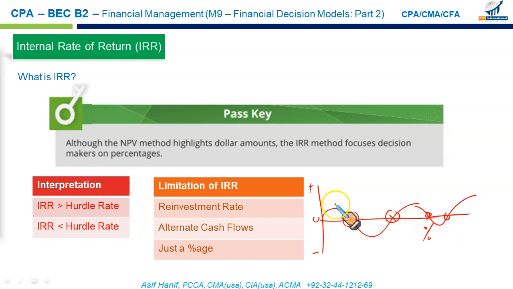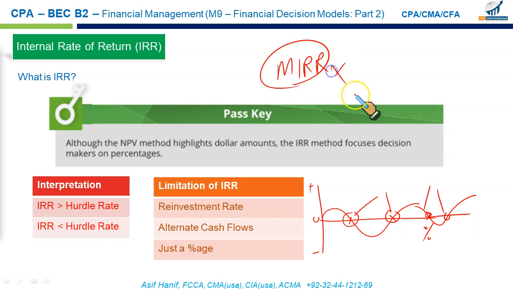Why? Because every time the cash flow changes turn, from positive to negative or from negative to positive, whenever it turns, there will be a new IRR. So this is the problem called the multiple IRR problem, which you should be thankful is not included in the CPA course nor in CMA. It is done in detail in ACCA and CA. We calculate what is called the modified internal rate of return, and that is luckily not part of your syllabus, otherwise it would have been much harder.